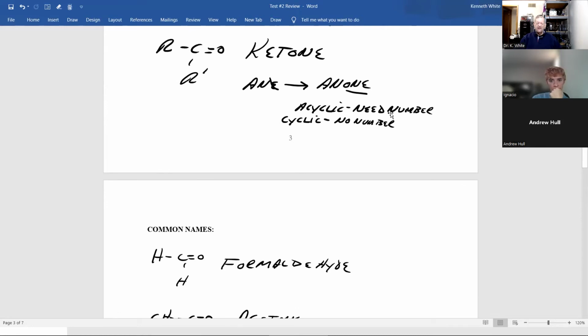Acyclic, you need a number. Which carbon is double bonded to oxygen? That always has the highest priority, the lowest number. In a ring, no number, because that carbon is always going to be number one. Always. Even if there are other functional groups, it's always going to be one.